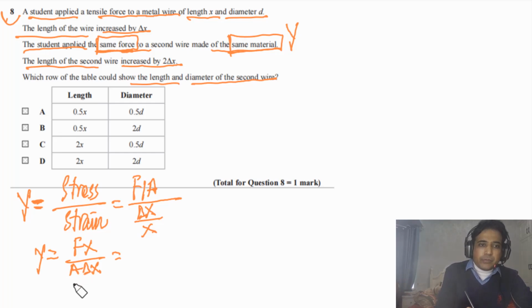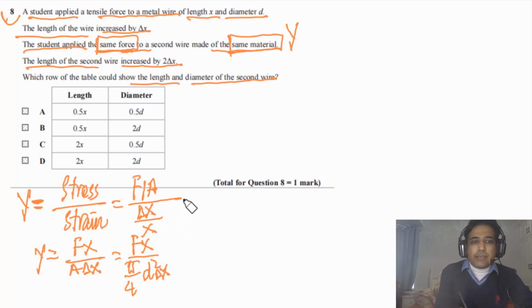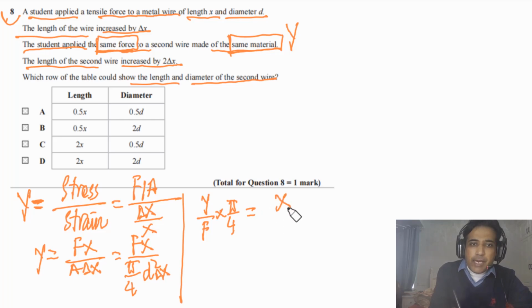We can also write the equation for cross-sectional area, which is pi by 4 d square. So here we have delta x. We can further simplify. We can write Y over F multiplied by pi by 4 will be equal to x divided by d square times delta x.